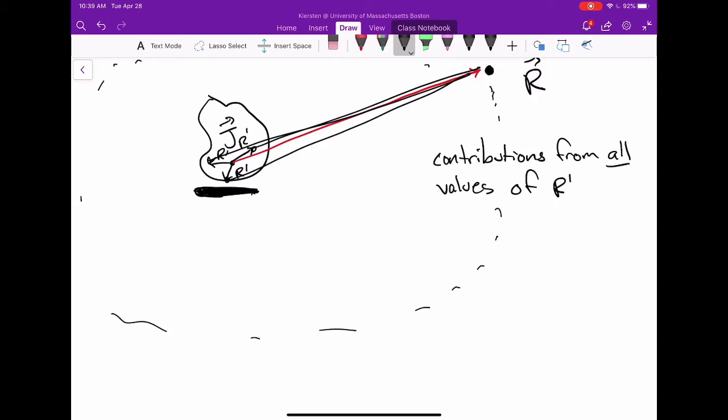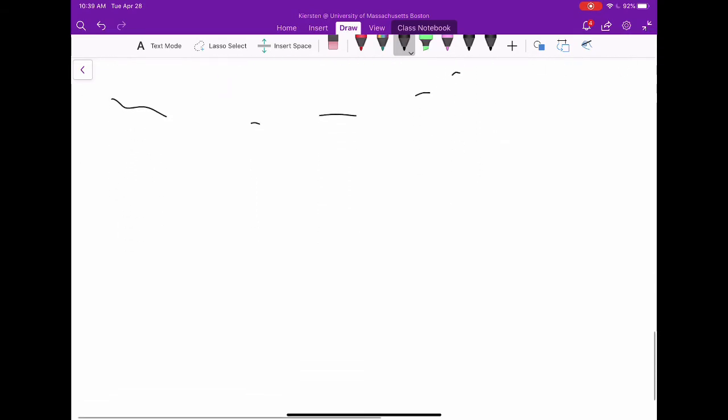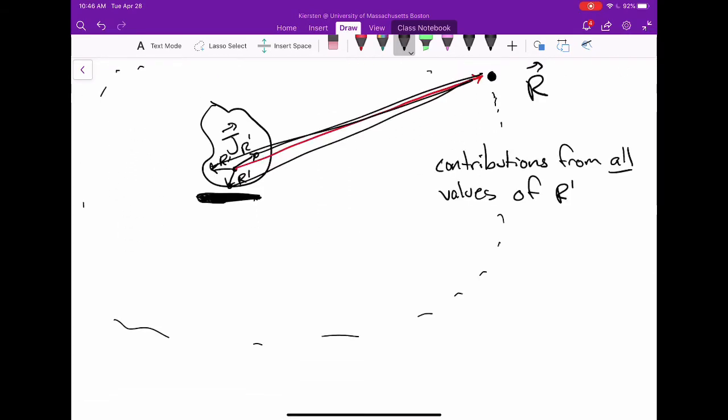But I talked about infinitesimal current elements. Let's talk about that a little bit more. The total radiation is made up of the contributions from all of these different infinitesimal current elements. But what is the contribution from just one infinitesimal current element?